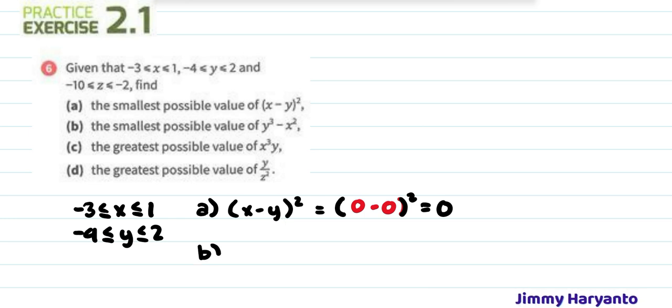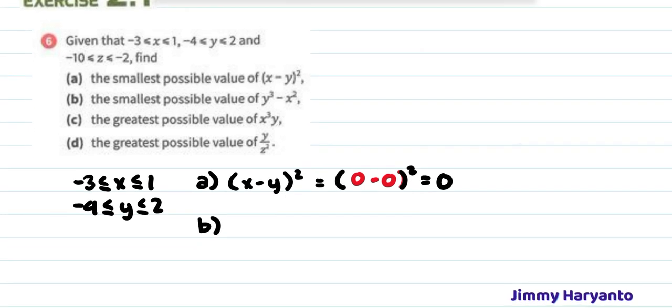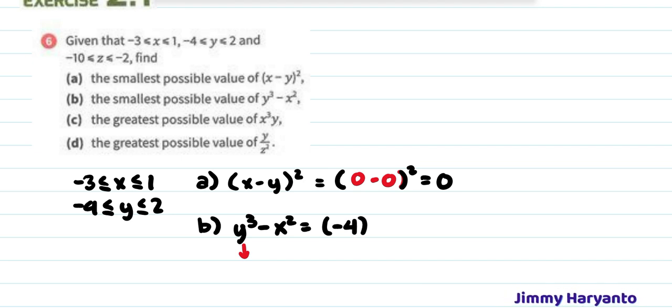Okay, and then for B, the smallest possible value of y cubed minus x squared. That means the y cube has to be the smallest cube. Yeah, it can be negative, so I can use -4 for this one. This is the smallest.